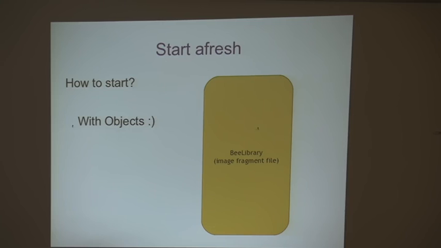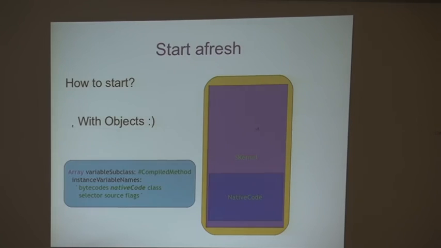This is something before us, something that is used, and we are going to take it. So we take something that is called the Smalltalk kernel. This is the fragment that we do care about, and we are going to put there some native code.